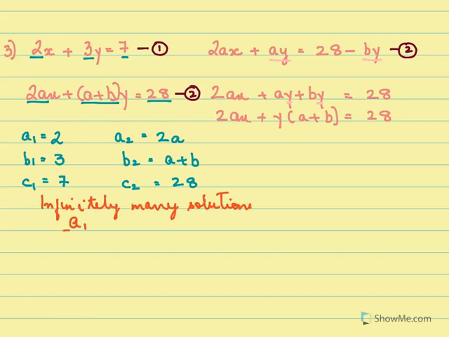And for infinitely many solutions, we know a1 over a2 equals b1 over b2 equals c1 over c2. Let's go ahead and now substitute the values, so that we get 2 over 2a, that is a2, b1 is 3 over a plus b equal to 7 over 28.